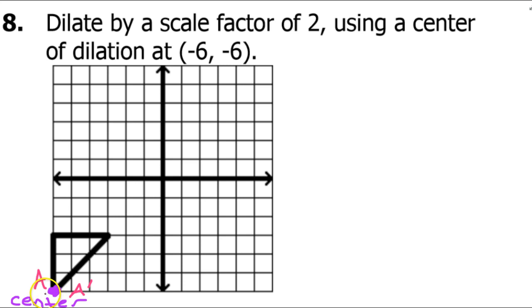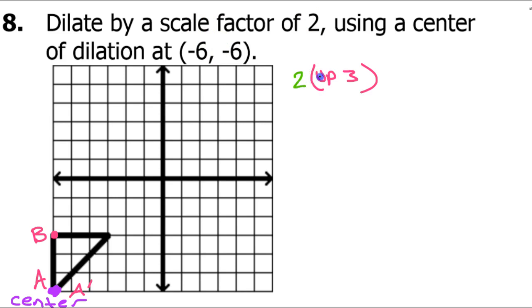So there's that. So let's move on to what I'm going to call point B. If you want to get from the center to point B, you would have to move up 3. You have to move up 3 from the center. Now the scale factor is 2.